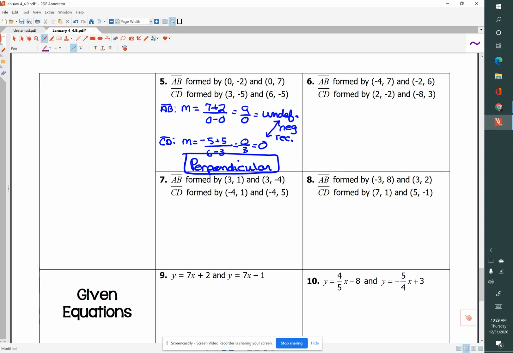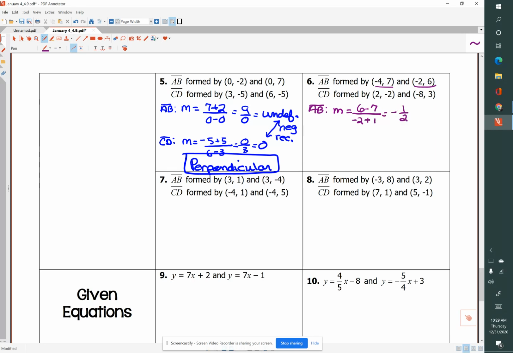Let's look at number 6. We'll evaluate (-4, 7) and (-2, 6). So line AB, M equals 6 minus 7 over -2 minus -1, which is -2 plus 1, which simplifies to -1/2.